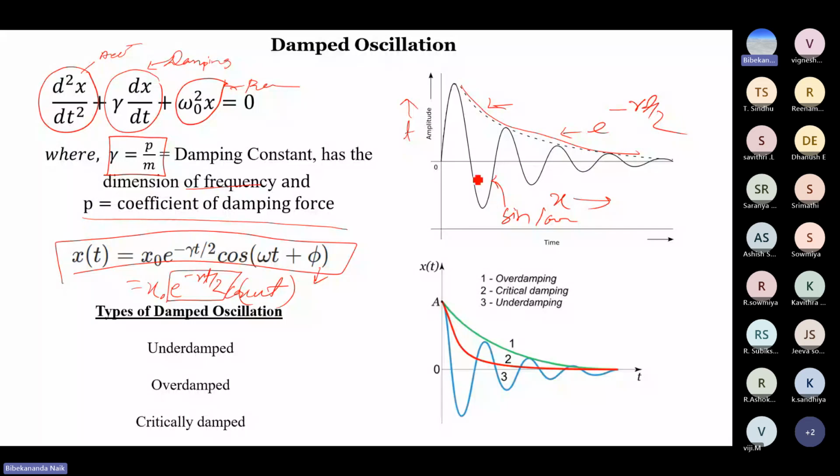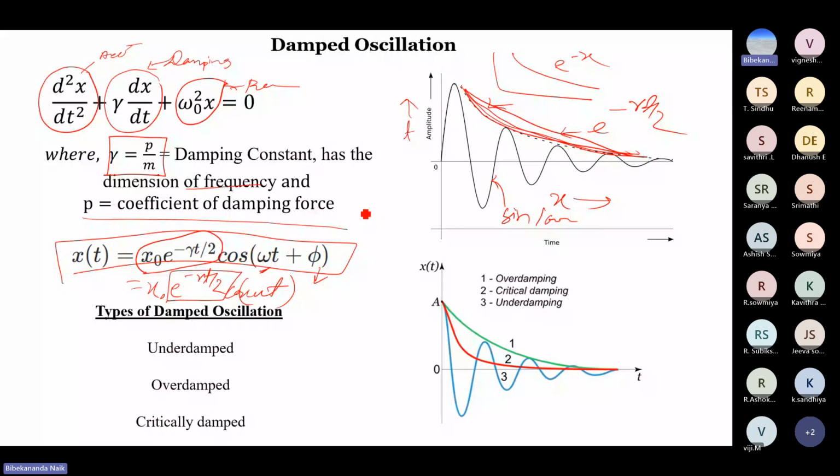In plotting a graph, if there are two functions and the product is plotted, then the profile will be like that, because x0 e to the power minus gamma t by 2 is the amplitude. The envelope will be exponentially decaying, because the exponentially decaying graph is like that. This is the graph of e to the power minus x, and since there is another term here, cos omega t or sin omega t, the profile will be like that.